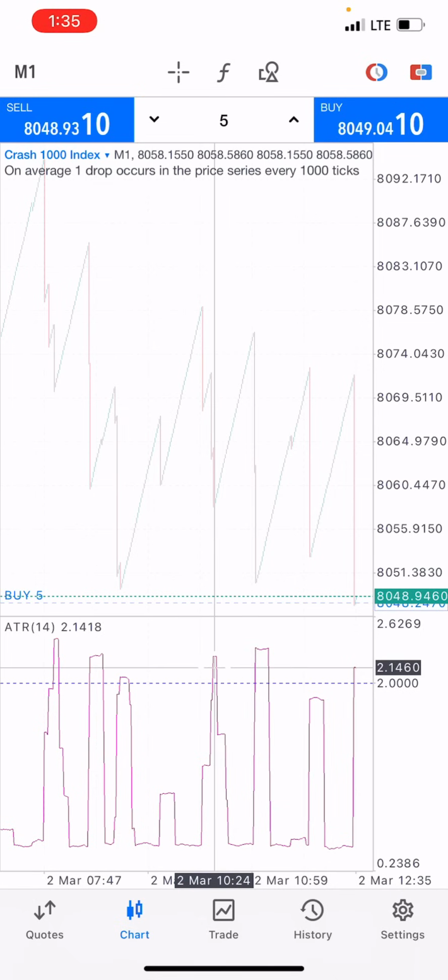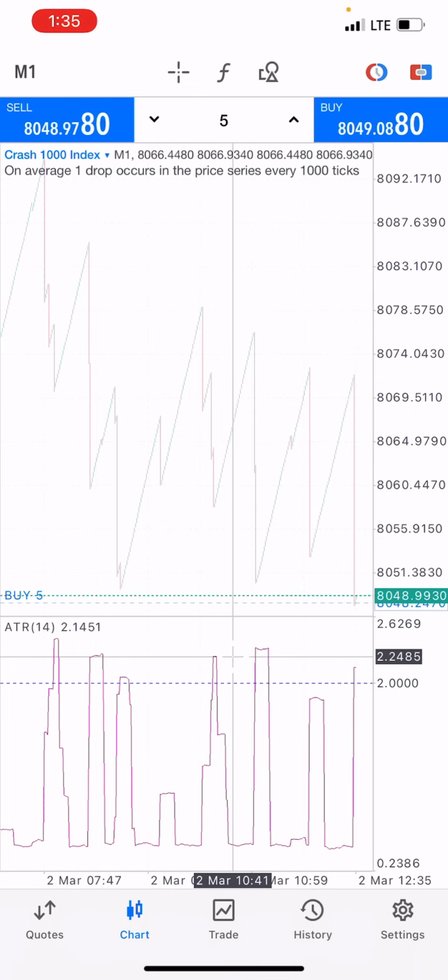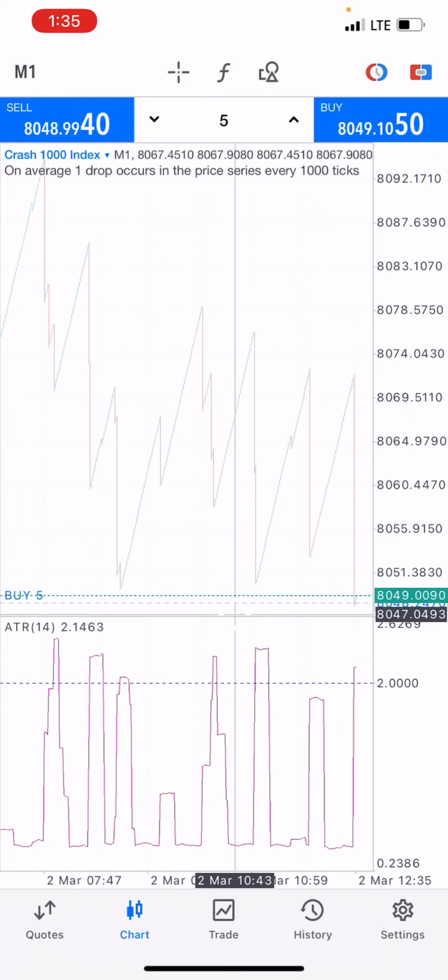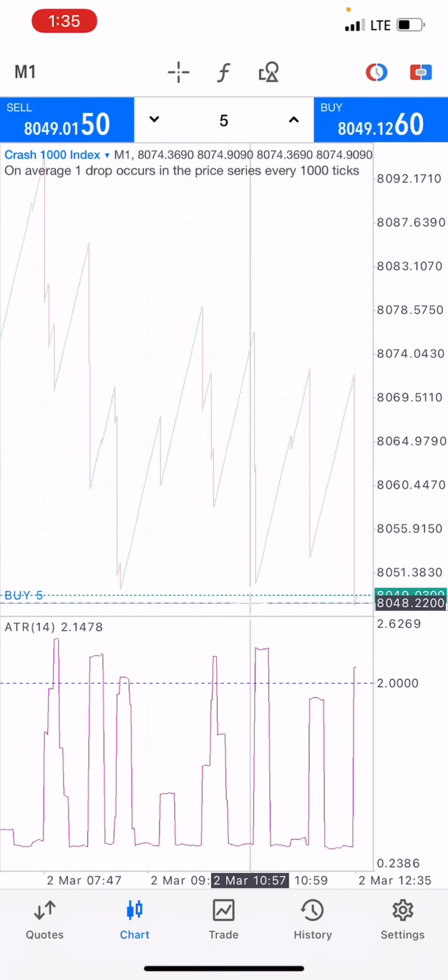If you're using 1 lot size, a candle will bring 50 cents. So if you are trading with 1 lot size, that's 6 candles, you have $3.